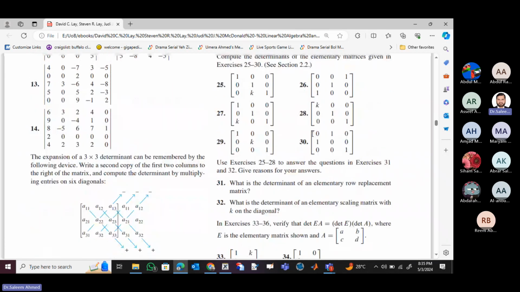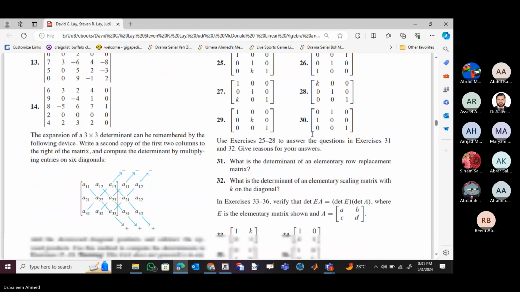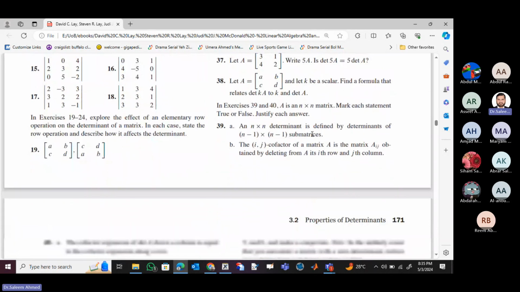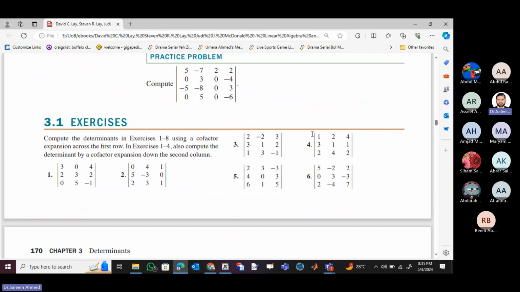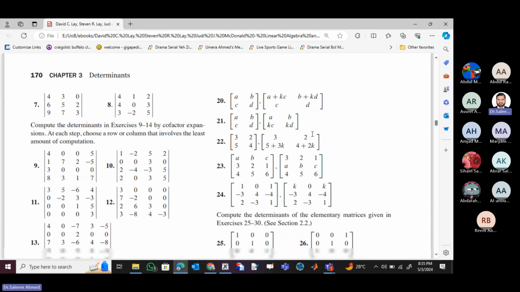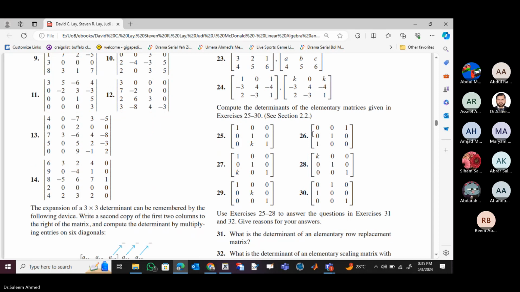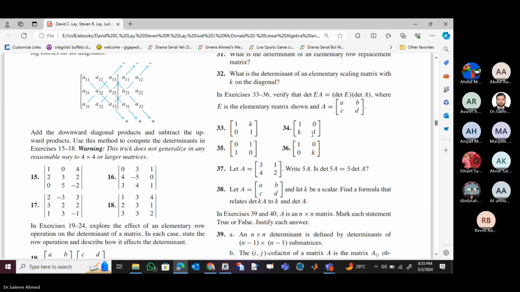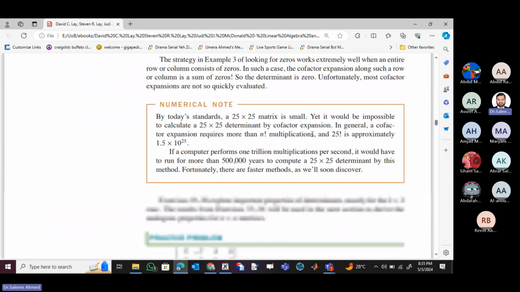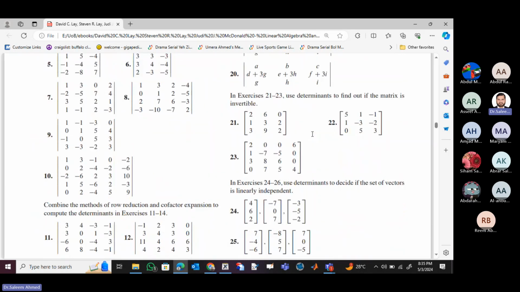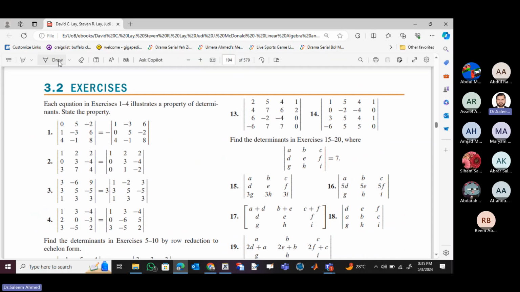For example, I think there are some matrices where they use properties of the determinants. Here it is using cofactor expansion. Somewhere there will be properties, maybe in section 2, because properties are in section 2. So here you see they said illustrate the property of a determinant. Don't solve.